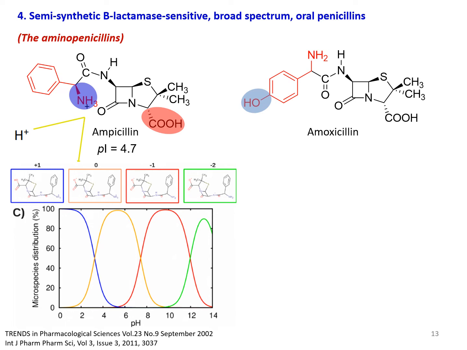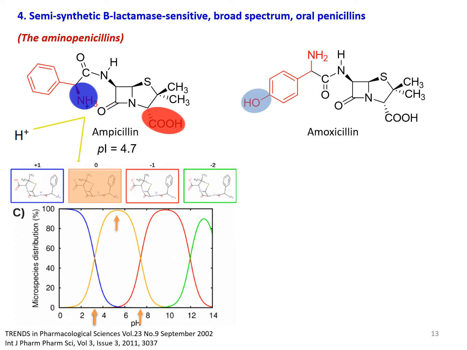When both groups are ionized, this is when the net charge on the molecule is zero. These zwitterionic molecules that have the best absorption exist in a pH range of around 2.6 to 7.5, which are the pKa values of the two ionizable groups. The maximum percentage of the zwitterionic molecules exists at a pH that is halfway between the two pKa's, which is 4.7.